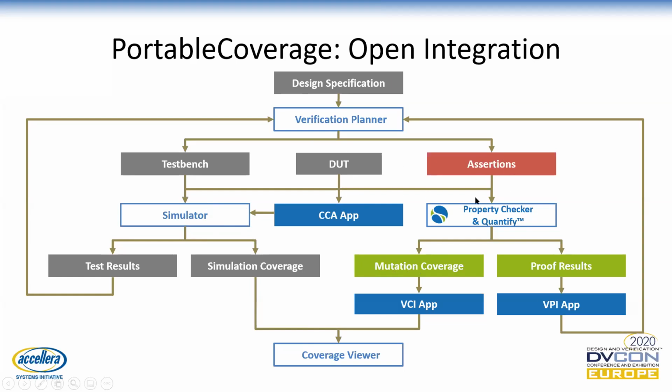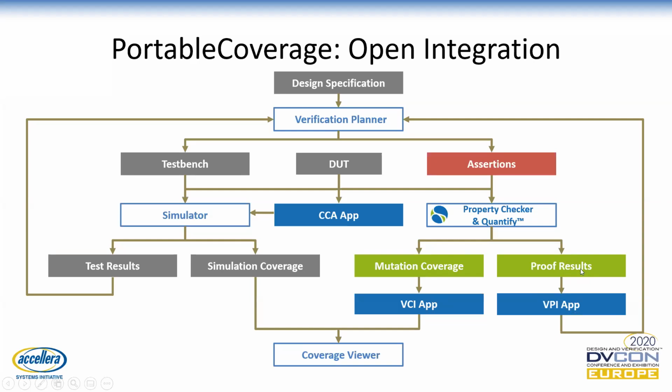On the other side, we have the formal, which is running through the property checker, and then there is the coverage solution. The coverage solution is run, and Quantify is run on top of it. What we get is coverage, and we get functional results. Functional results are passed through the VPI, which I'll introduce shortly later in this tutorial.